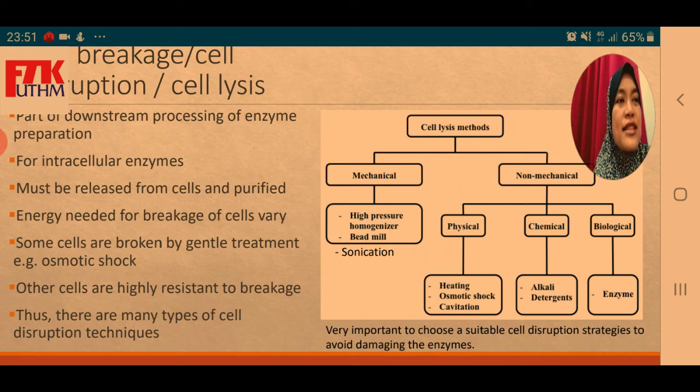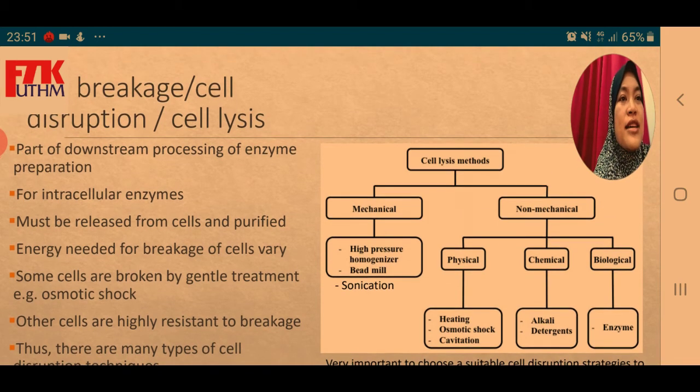If you look at this table here, there are mechanical and non-mechanical types of cell lysis.